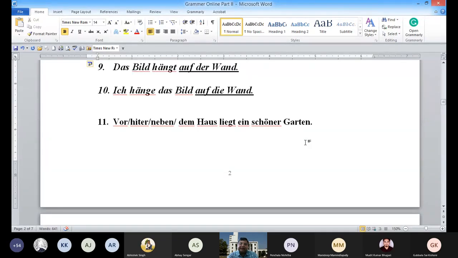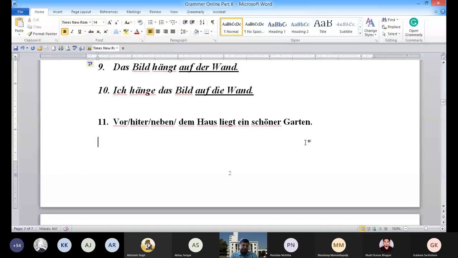Liegen means to lie. Ein schöner Garten. Garten, what is the meaning of Garten? Garden. A beautiful garden is lying where? Before the house, behind the house, beside the house, etc.